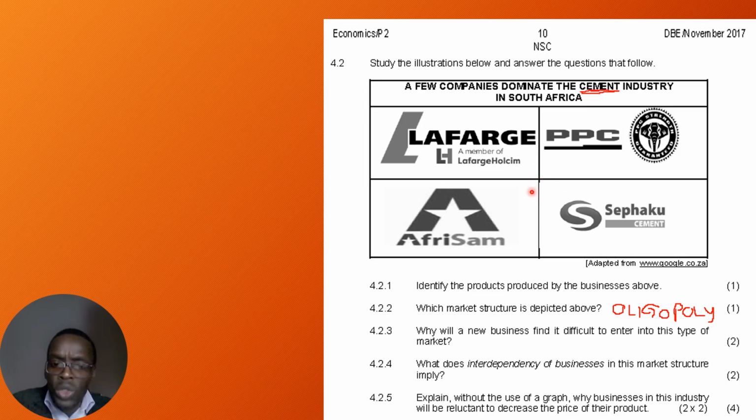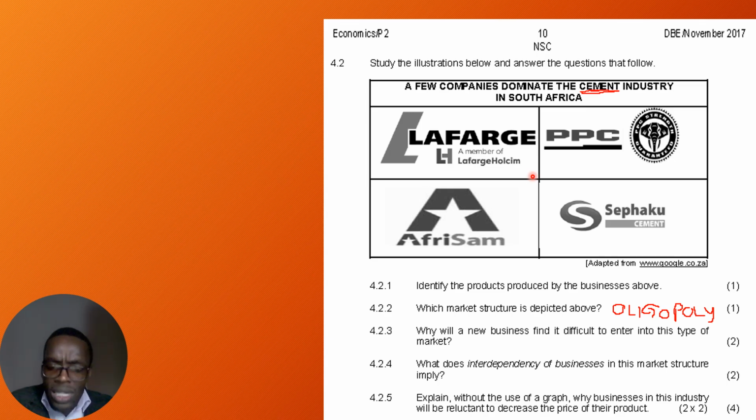They are already enjoying economies of scale. They are able to produce large quantities at a relatively lower cost per unit. So because of the existence of economies of scale, it's going to make it even more difficult for small businesses to come and survive in the market where these big businesses are.